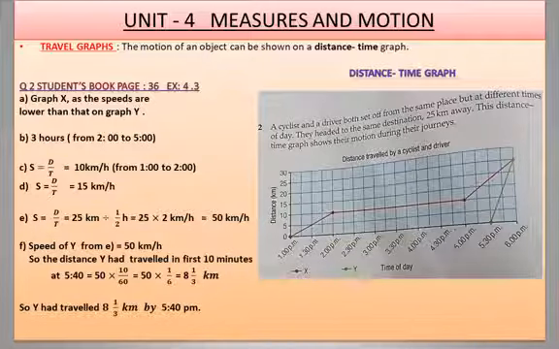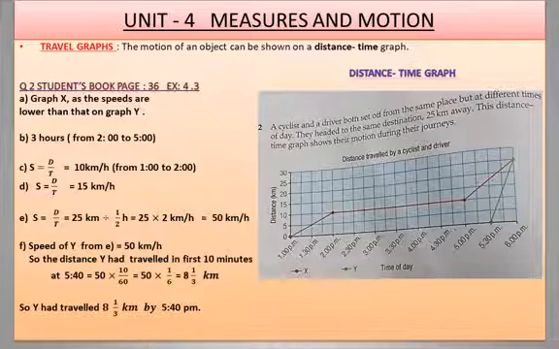You can see that graph x has lower speeds than graph y, so we can understand that the cyclist moves more slowly than a driver, because we know that a driver can go much faster than a cyclist.